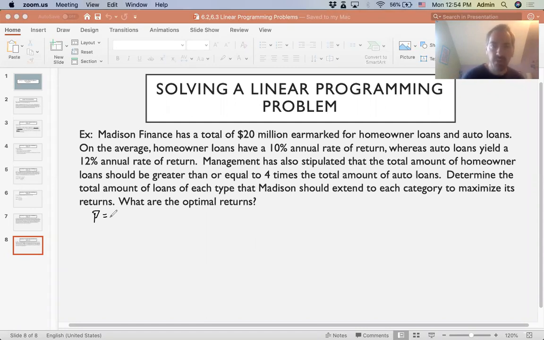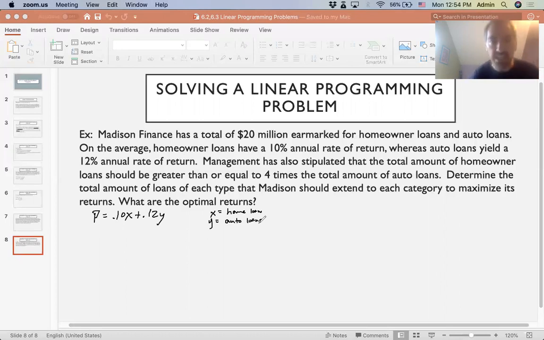Our profit function is that we're making 10% on the homeowner loans and 12% off the auto loans, where we're calling X the homeowner loans and Y the auto loans. That's what we're trying to maximize in this case.